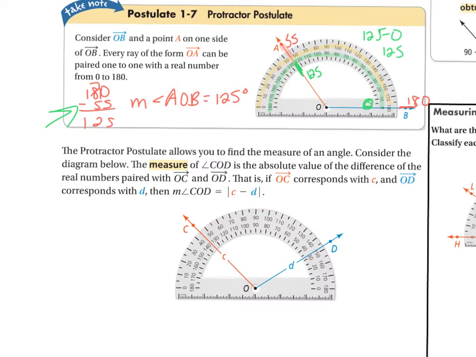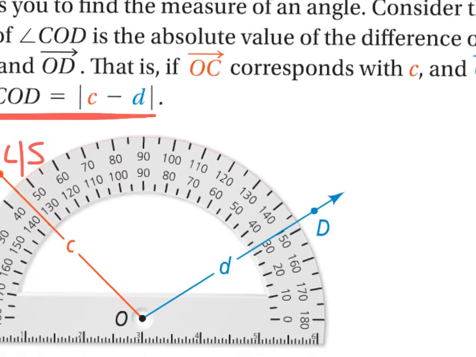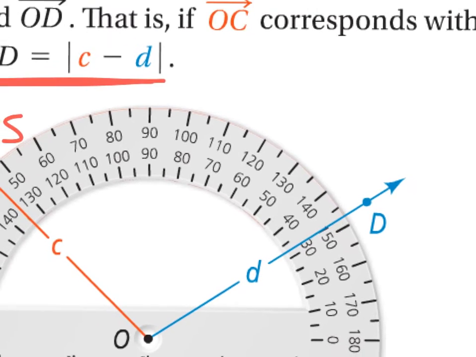On this one, it doesn't line up perfectly on a 0 or 180, so we have to do a little bit of work. The formula is right here. We're going to have the absolute value of something minus something. Let's use the outside measurements. It looks like that's 45, and this one's a little bit trickier. It's in between 145 and 150.